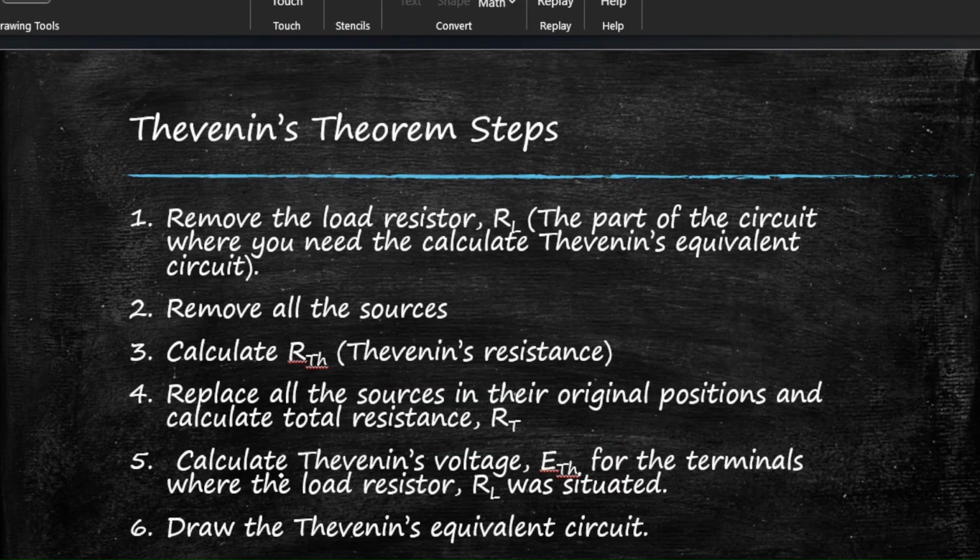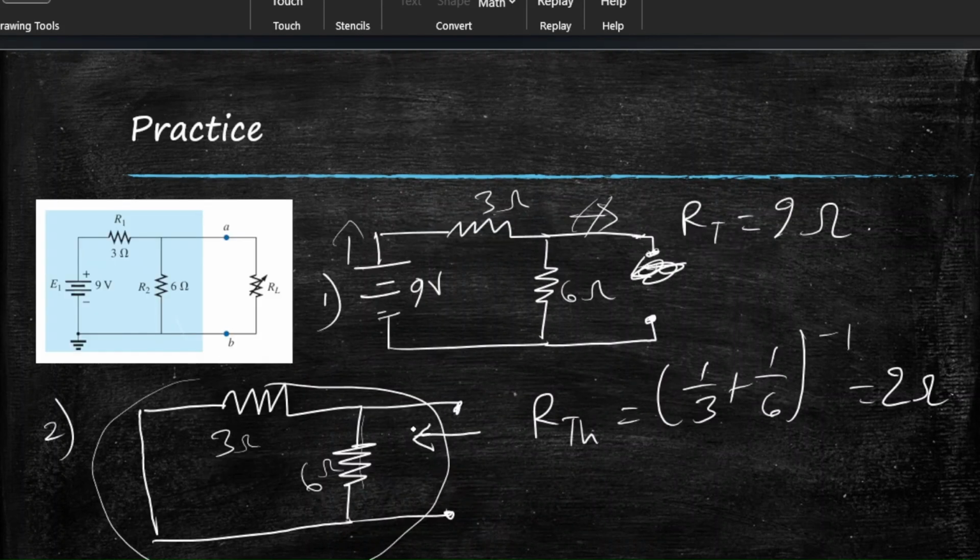Now step 5. Calculate Thevenin's voltage ETH for the terminals where the load resistor RL was situated. Basically, now again come back to the original circuit. We have to find the voltage across here. This is the load resistance, and the voltage across the load resistance is the Thevenin's voltage.